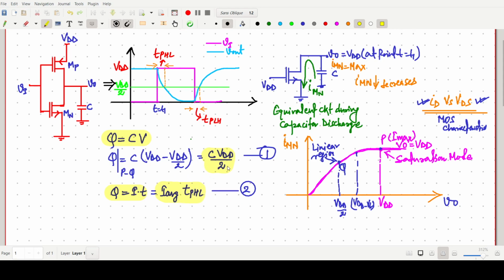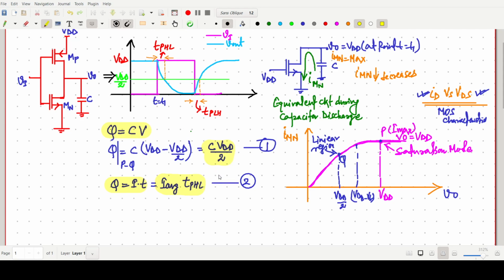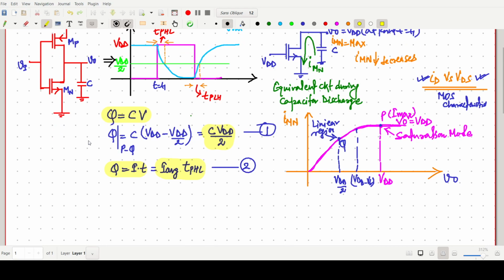Now if we equate equation 1 and 2, because the charge will be the same, if we equate Q equals CV and Q equals IT, what can we write? C VDD by 2 equals I average tau PHL.